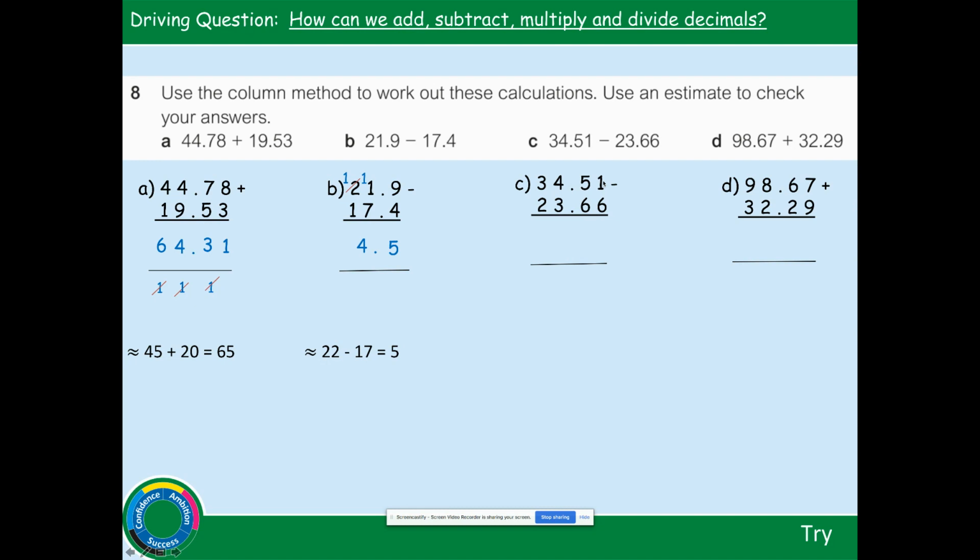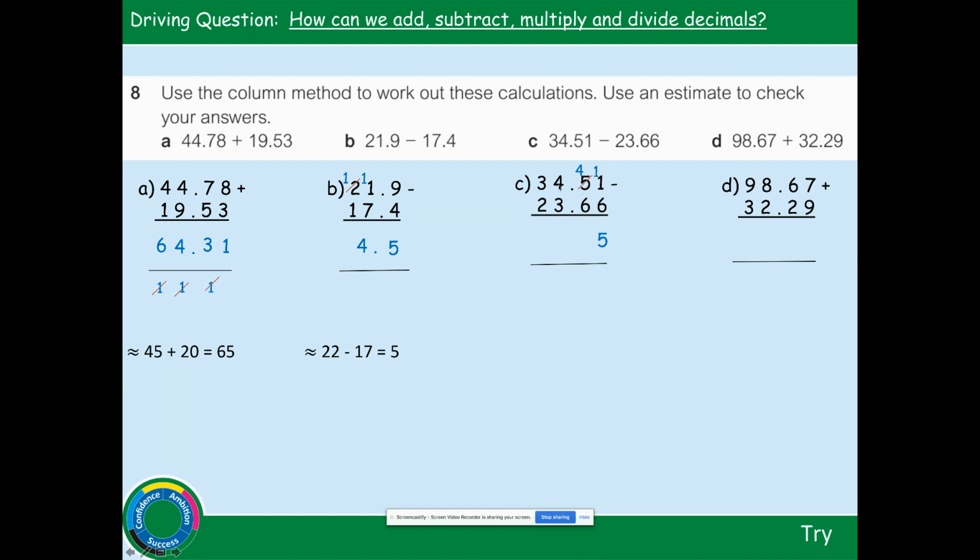Next one, I've got 1 take away 6. I can't take 6 away from 1. I come next door to the 5, take 1 away from 5 to leave 4 and put the 1 here. Now I've got 11 take away 6 is 5. 4 take away 6, I can't do that.